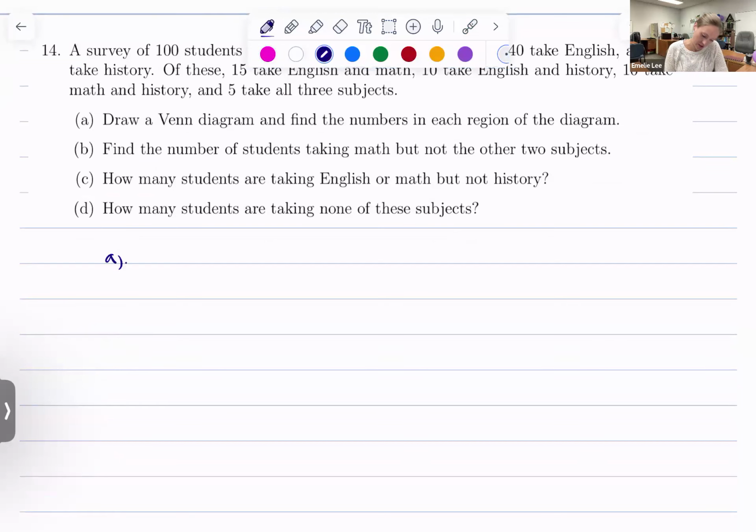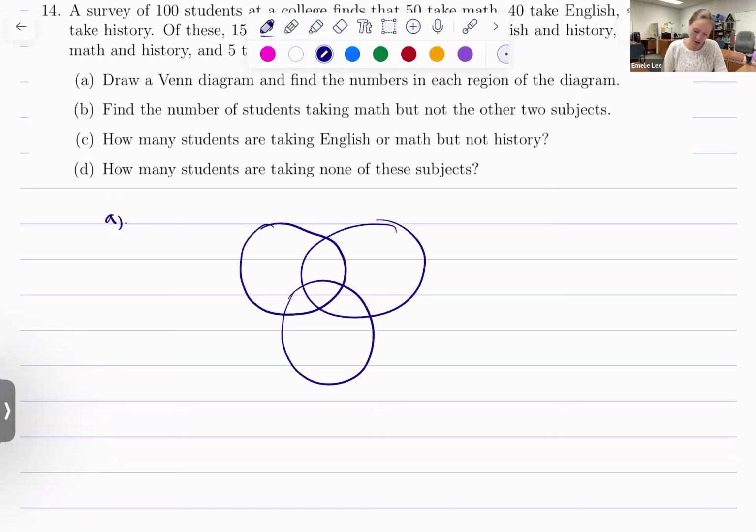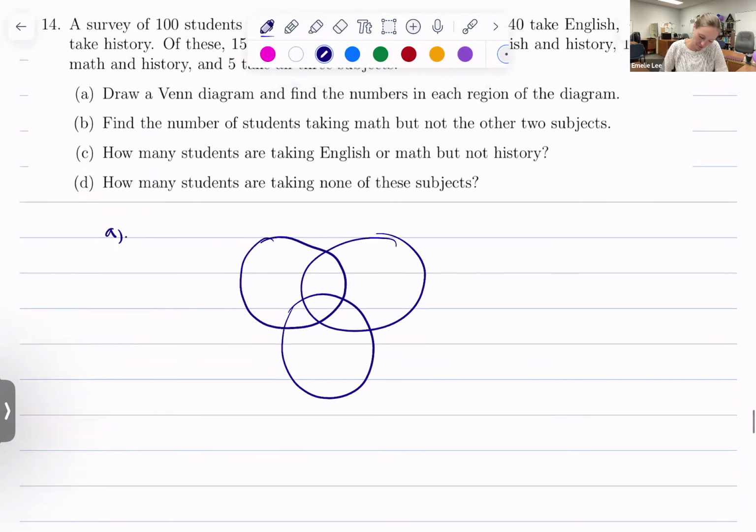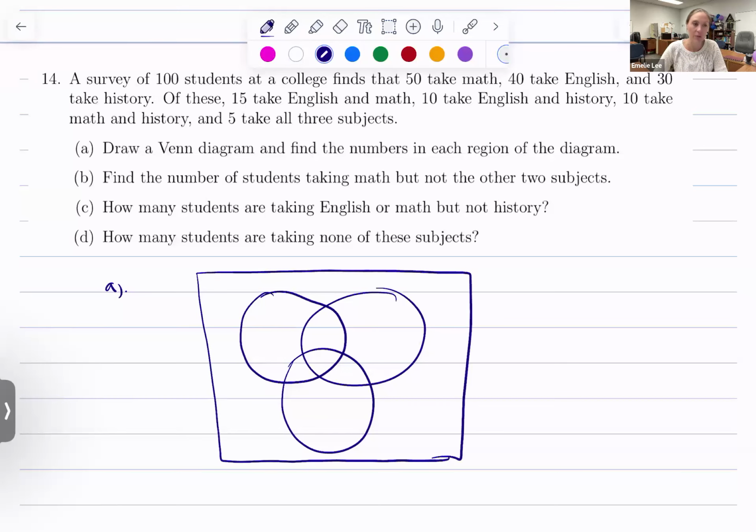So let's get started. We already established this is a three-circle Venn diagram. Make sure you have some overlap here. And of course, it's possible that there are people taking none of them. Let's label these.